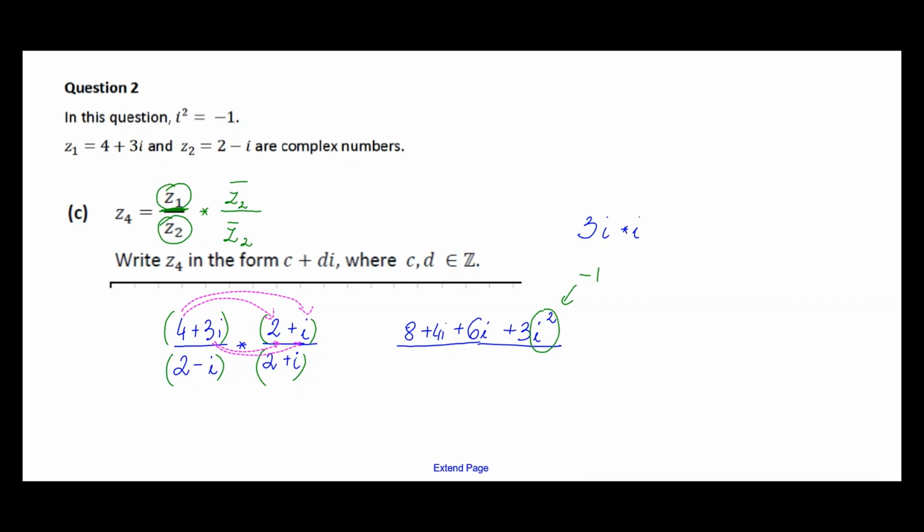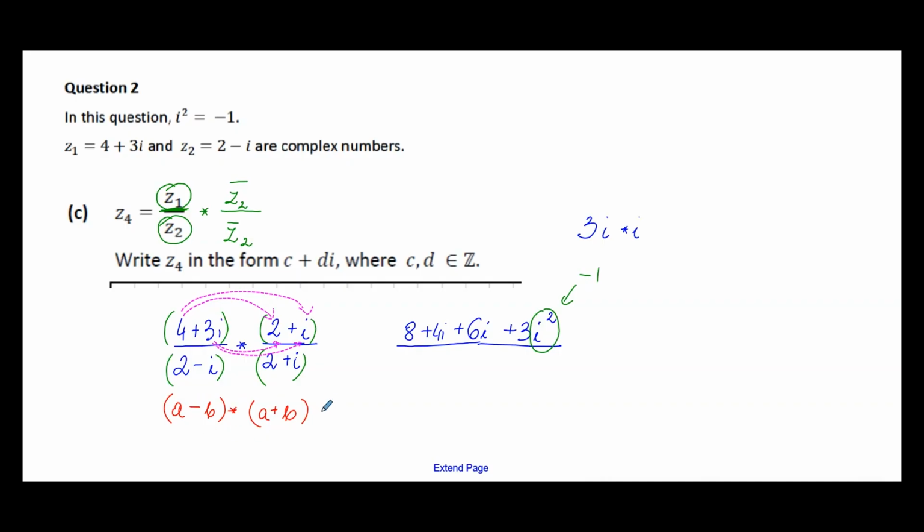In this case, you're always going to have the same situation when both brackets have the same items, in this case 2 and i. So we have two items that are the same, 2 and i, 2 and i, and one bracket has minus and the other has plus.